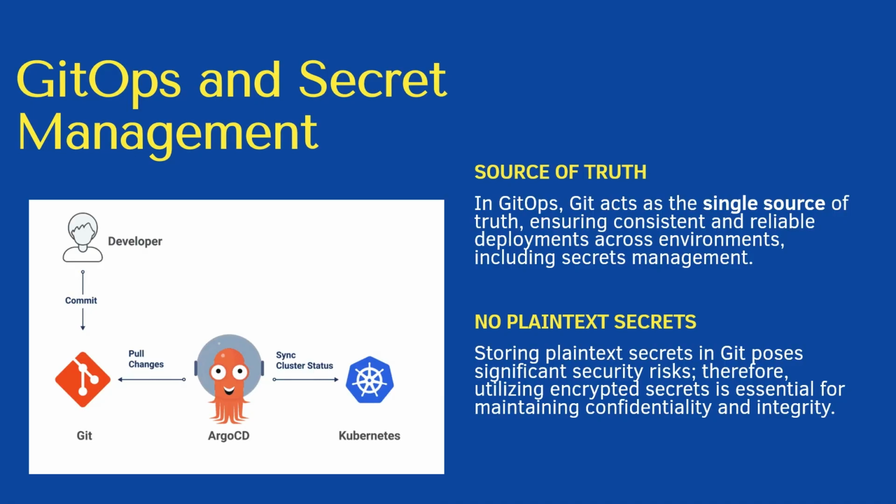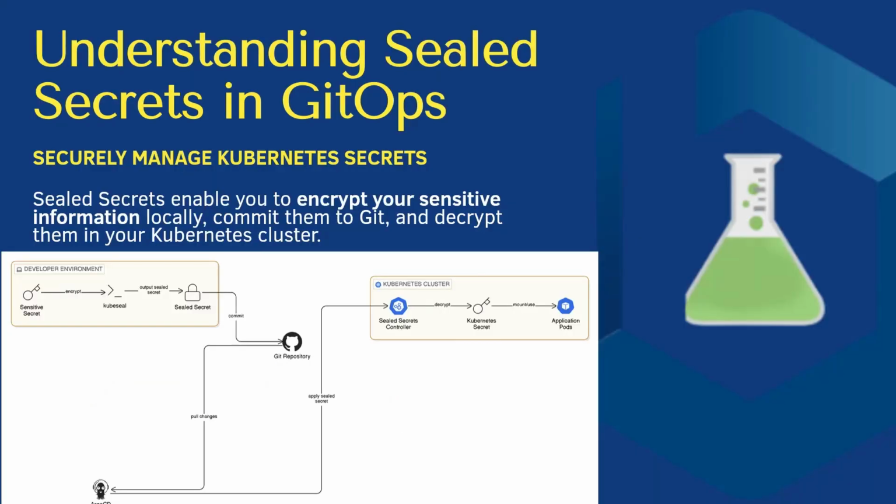So I will be covering the main approaches of secret management. The first one is Sealed Secrets. Sealed Secrets encrypt Kubernetes secrets using a cluster-specific public key with the sensitive data in your development environment. It can be on your laptop. You use kubeseal to seal the secret.